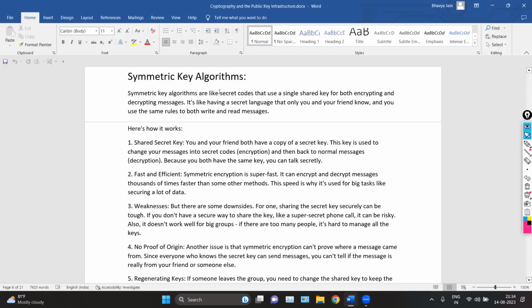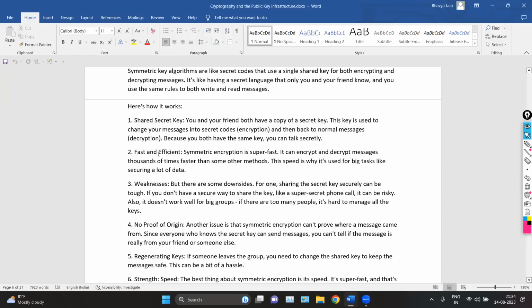Symmetric key algorithms are like secret codes that use a single shared key for encryption and decryption. It's like having a secret language that only you and your friend know, and you use the same rules to both write and read messages. So you and your friend both have a copy of that secret key, to encrypt and to decrypt.